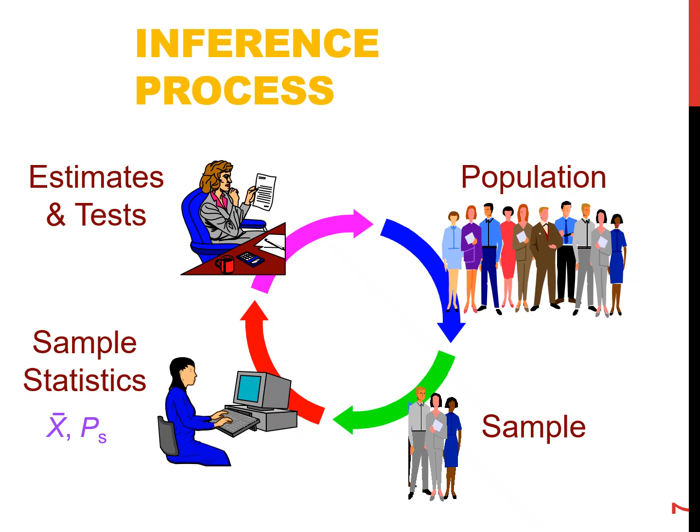And just to illustrate this, I've put a little diagram in there. So really what happens is that you can see we've got the population. From the population we draw a sample, we run the statistics relating to the sample, and from that we draw conclusions about the population.